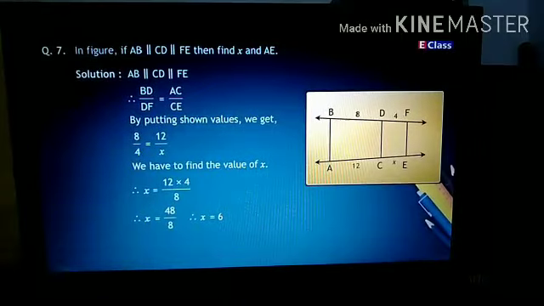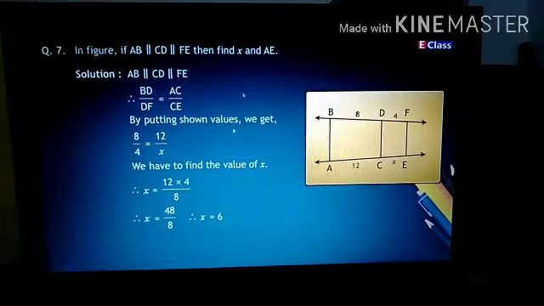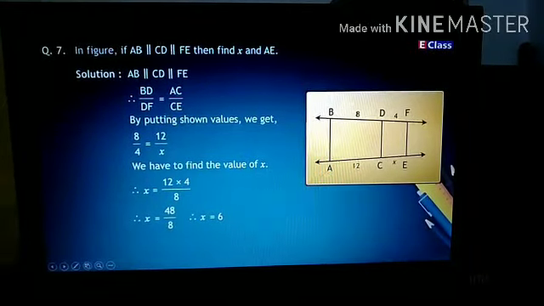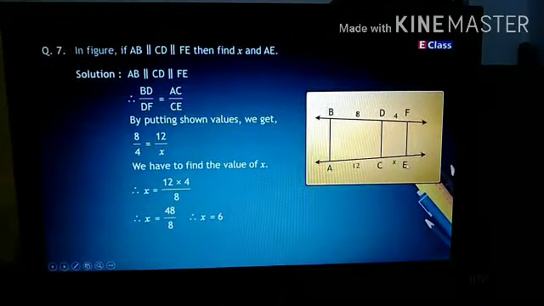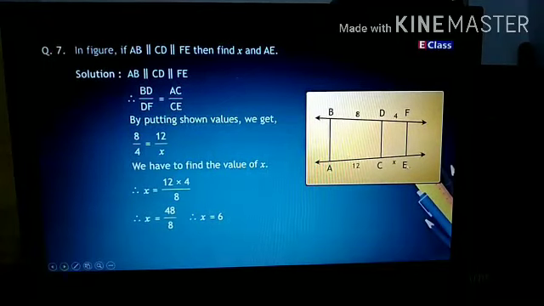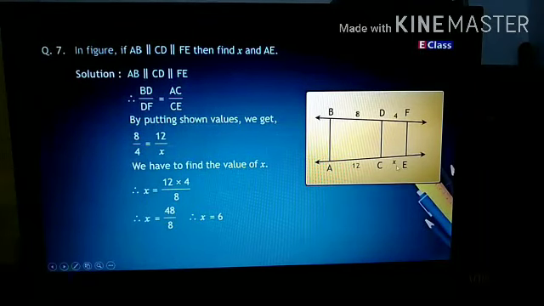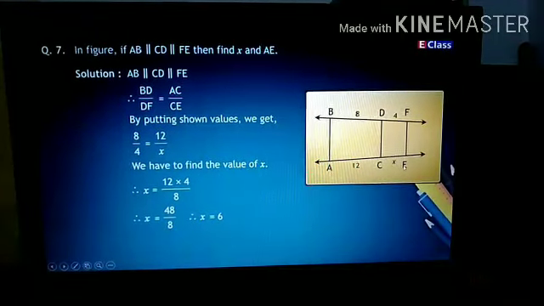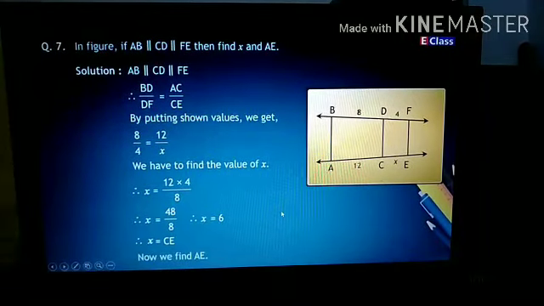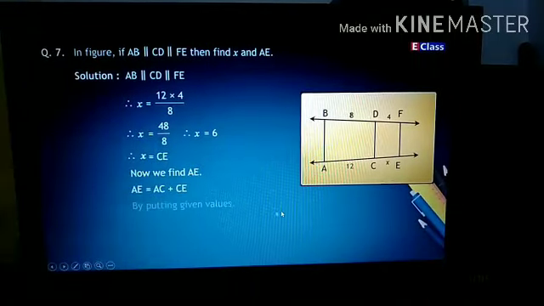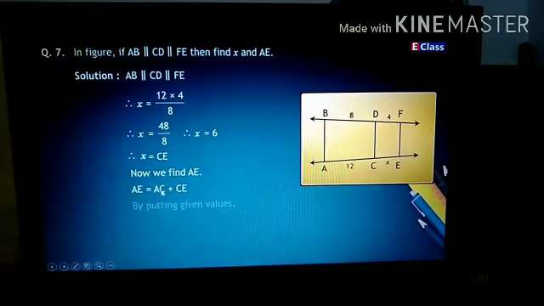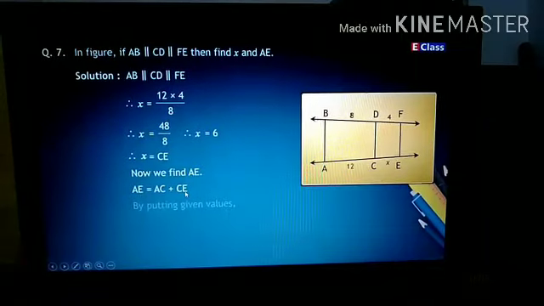So we have finished one part of the sum where we had to find the value of x. Now we have to find the value of AE. Here we utilize the property of betweenness, where C lies between A and E. So AE is equal to AC plus CE.